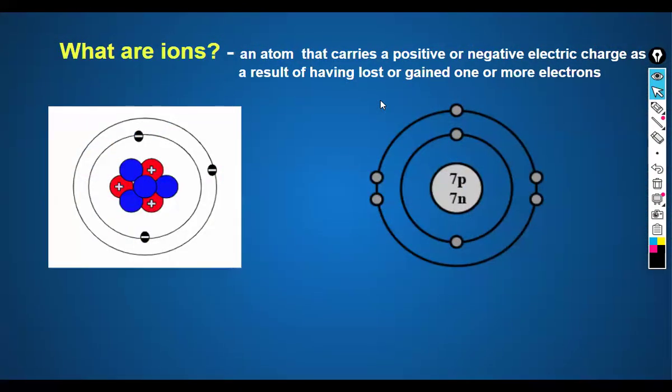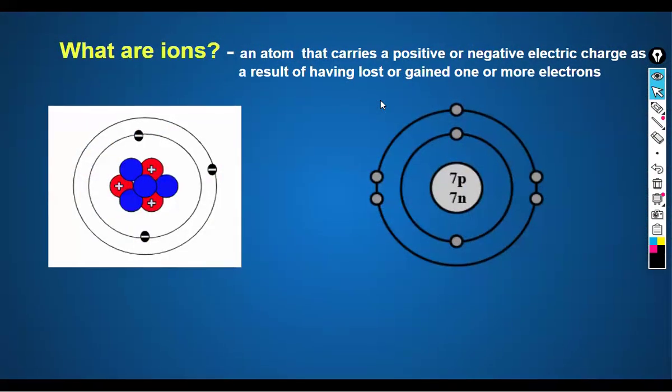All right, so what are ions? Let me read what it is. Even when most people read a definition in any subject, it doesn't matter if it's chemistry, physics, maths, it doesn't clear up anything, because definitions have a way of using fancy words, and people just memorize the definitions and have no idea what it means.